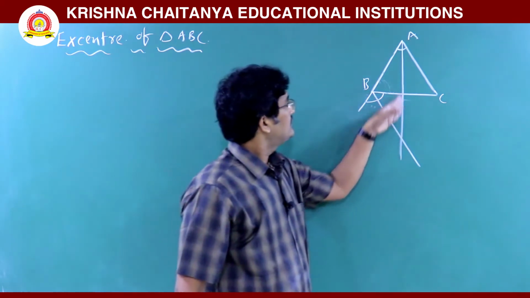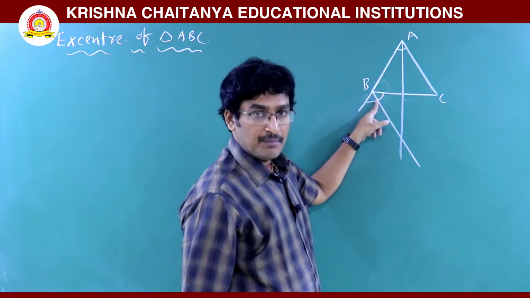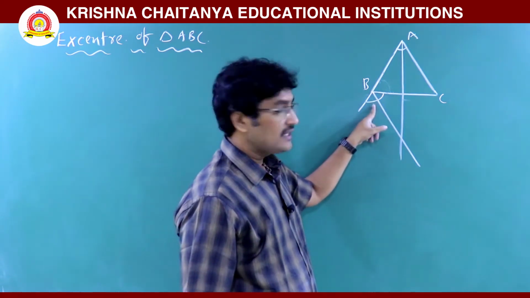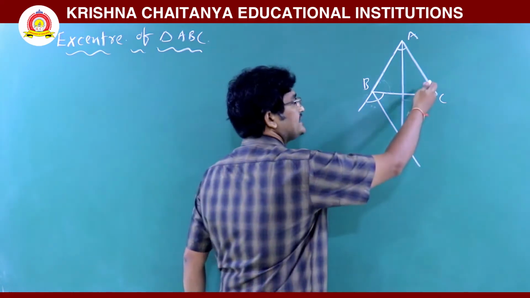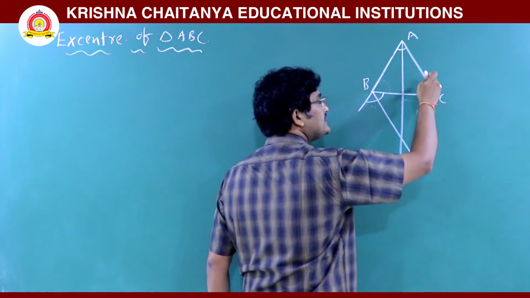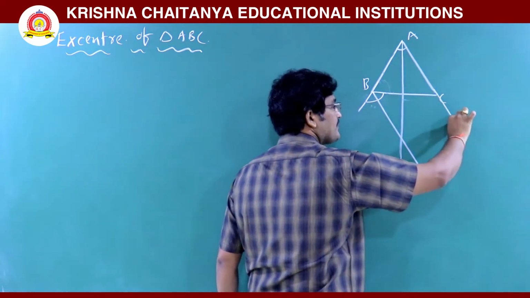So, this is the line that bisects the internal angle of A. This is the line that bisects the external angle of B. Now, this is the internal angle of C in triangle ABC, the angle between these two sides. Let me extend this line.